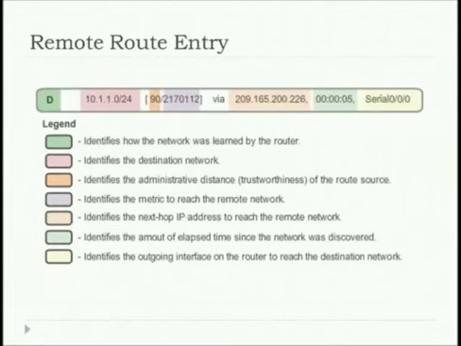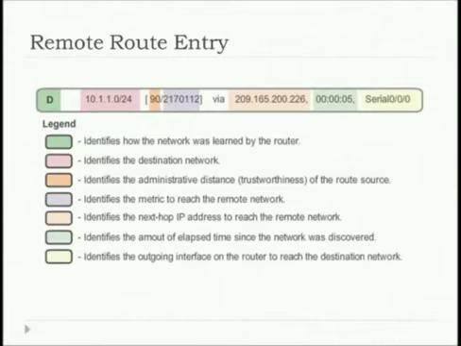As it was mentioned before, the remote routes contain more information in their entries. The route source, the destination network, and the outgoing interface are also present in remote routes. But, because we're talking about remote routes, the following information has to be taken into account. The administrative distance. That is a concept that was previously discussed.